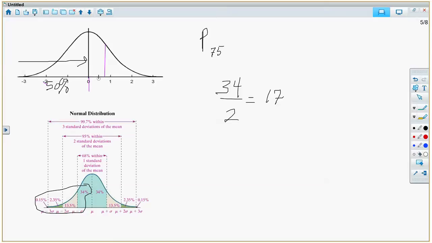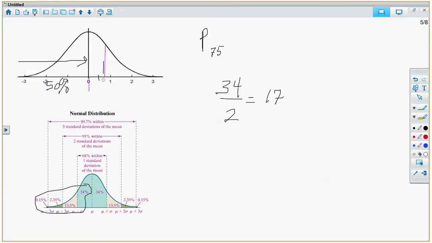You know that's 50 plus 17, which is 67%. Well, what's halfway between 0.5 and 1? You know that's 0.75, but what's half of 17? 8.5. So you can add 8.5 to 67, and you get basically that number. And that's where you got it right there.